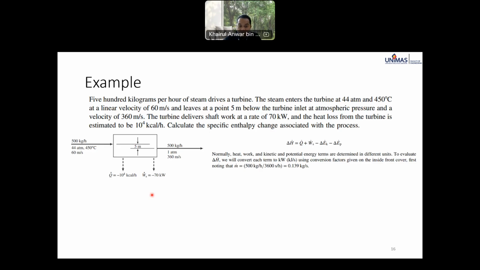To evaluate delta H, we will convert each term to kilowatts, or kilojoules per second, using the conversion factors given on the inside front cover.